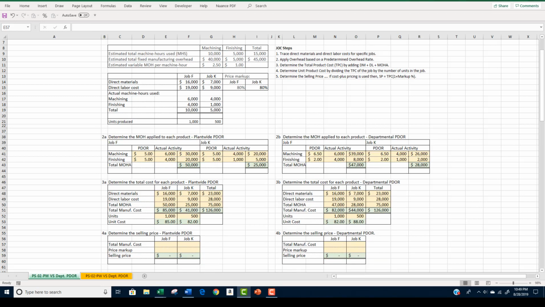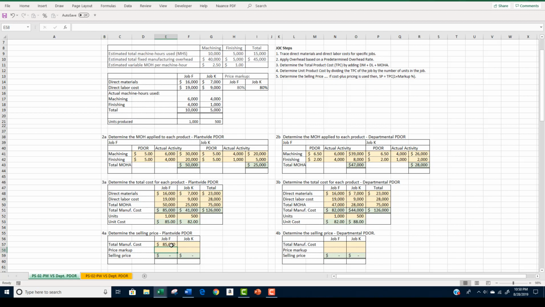The selling price recommendation is based on a markup over total cost. The calculation involves multiplying the total manufacturing cost by 1 plus the percent markup, which is stated as a decimal. For the plant-wide approach, the manufacturing cost for job F was $85,000.